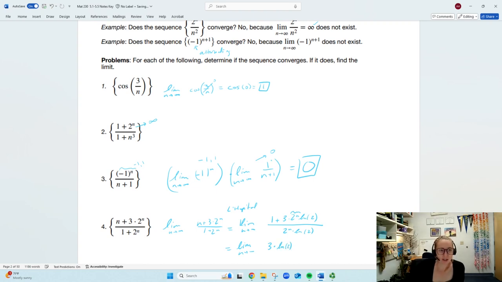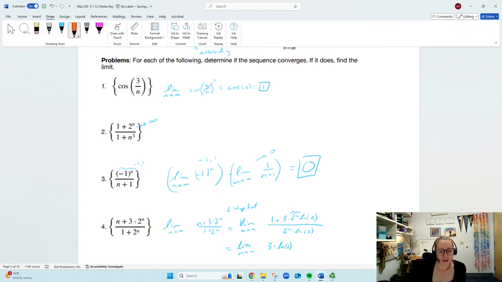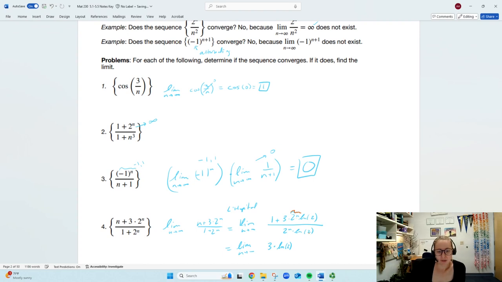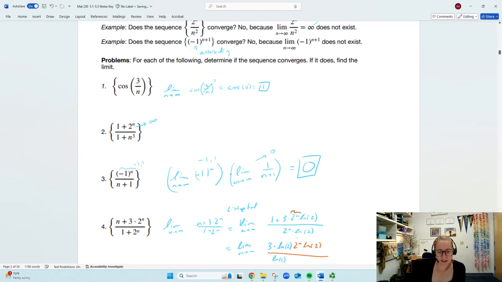So now I'm just taking my derivative of 2 to the n, which is 2 to the n ln of 2. And then here on my denominator, my ln of 2 is my constant. Derivative of 2 to the n is 2 to the n times ln of 2. And we can actually see a lot of stuff ends up canceling out. My limit is just going to be 3, so this does converge, and it converges to 3.